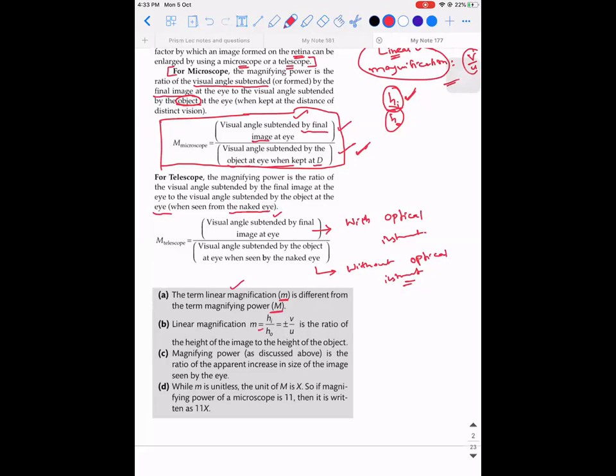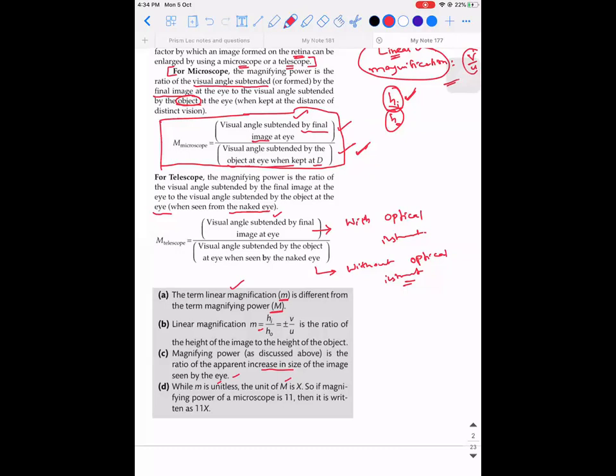Magnifying power, as discussed, is the ratio of the apparent increase in size of the image seen by the eye. Lastly, the unit of linear magnification is nothing. It is a unitless quantity, whereas the unit of capital M is x. We say 11x zoom, 10x zoom, right? So if magnifying power of a microscope is 11, then it is written as 11x.